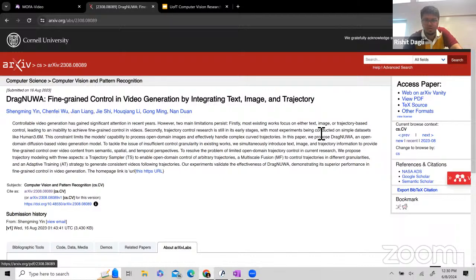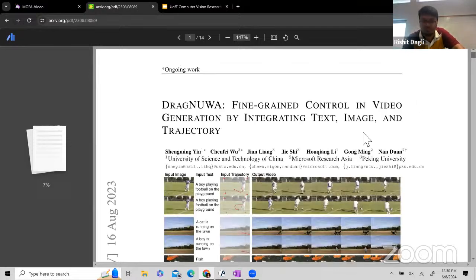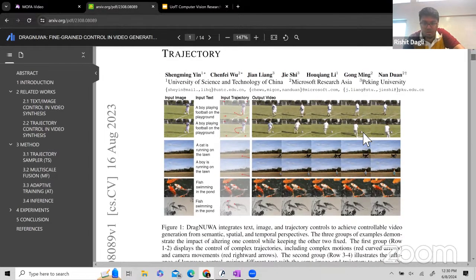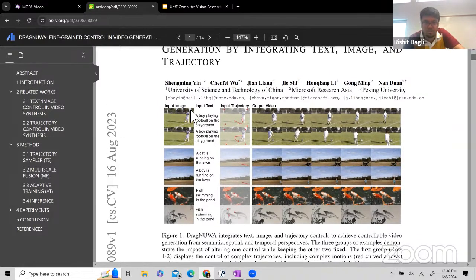So this is the DragNUWA architecture. I guess you can use the input image and drag this around, and then this architecture will generate the motion from the dragging. Right, so this was the DragNUWA architecture.